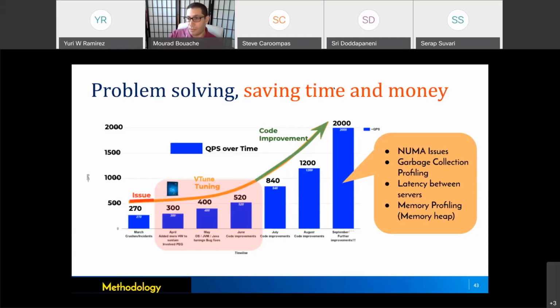We had a lot of issues with NUMA, garbage collection profiling, latency between servers, and memory profiling or memory heap, where we used different functionality that VTune offers, especially with Java applications for garbage collection, memory access, and so on. It was very helpful and the key to succeeding in this project.